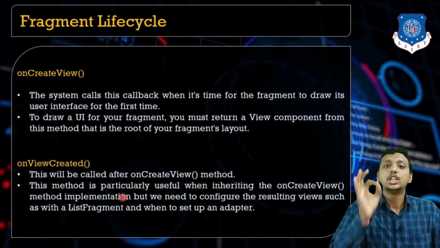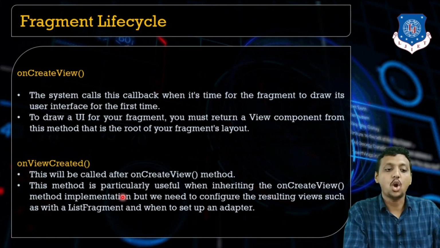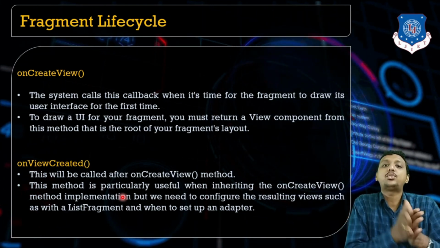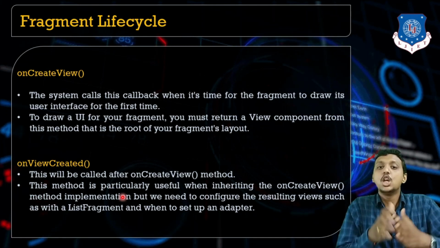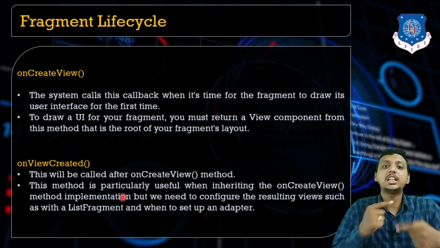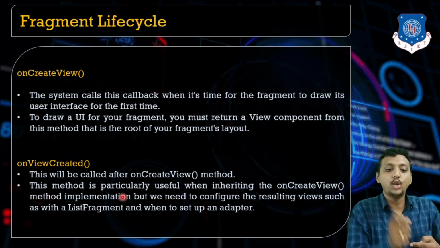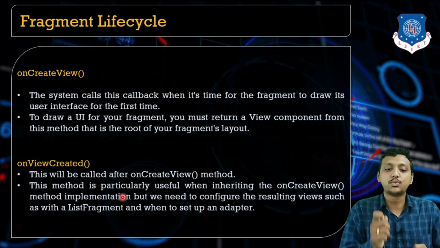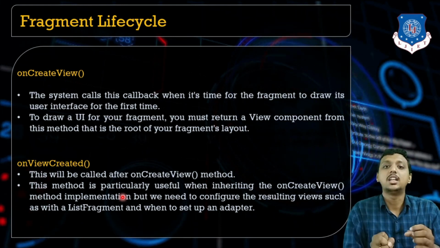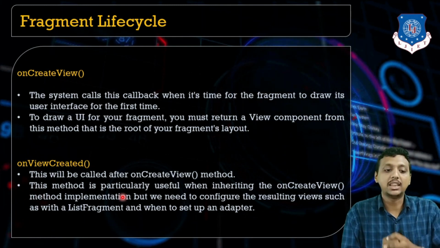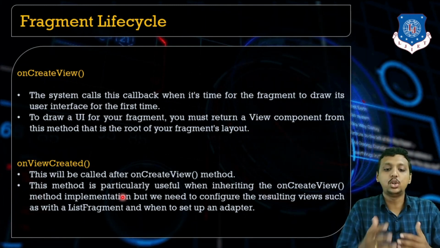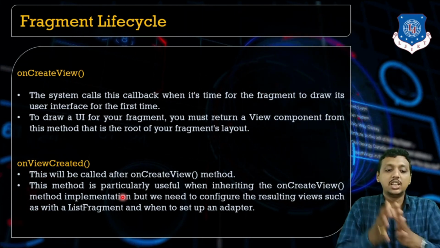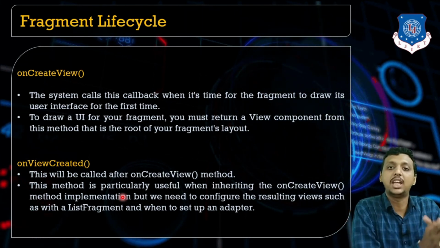And finally, onViewCreated. The onViewCreated method is called after onCreateView. See, onCreateView means it's starting the creation of the view components. onViewCreated is useful when you are inheriting the onCreateView method, or to configure the resulting view, for example in list fragments, and then set up the adapter.